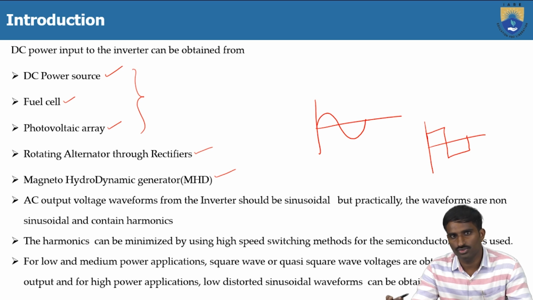To perform the switching action there are different switching techniques. To minimize the harmonics, we can operate these switches with high speed switching techniques, so that we can minimize the harmonics present in the output AC waveform.